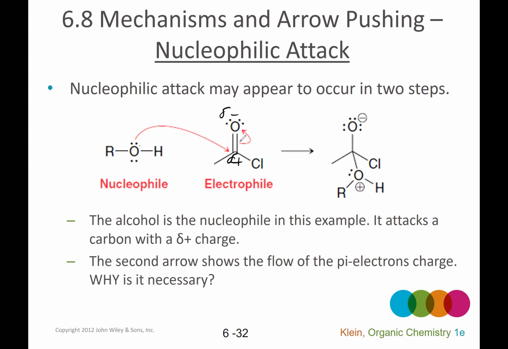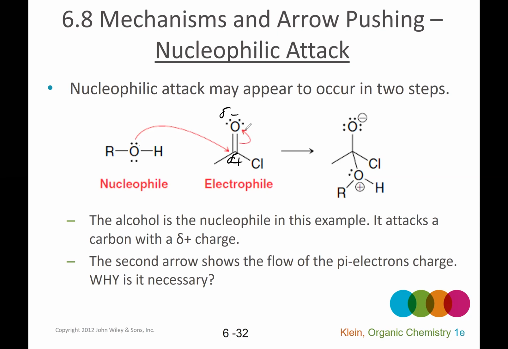But a second arrow is required here, of course, because if nothing else happens, this carbon will end up with 5 bonds. And so to avoid that, the pi bond of the C double bond O will break and those electrons in the pi bond will move up to the oxygen as a lone pair of electrons.